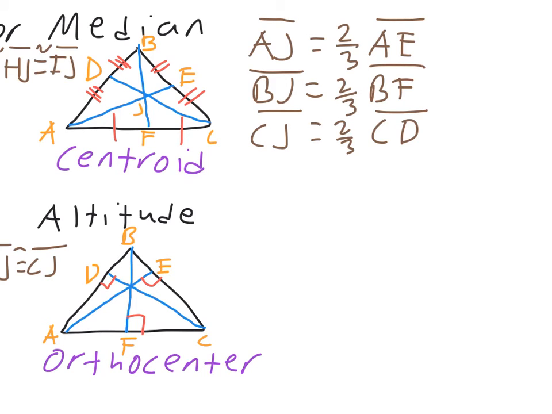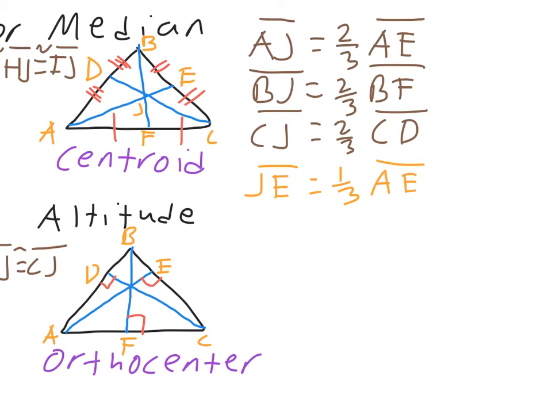So that allows you to get that line segment JE is 1/3 of the whole thing, AE. And that works for the other two as well.